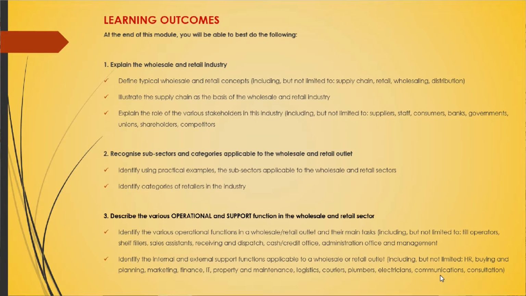And then you'll also be able to identify the various operational functions in a wholesale and retail outlet, as well as their main tasks. That is inclusive of the following: till operators, shelf fillers, sales assistants, receiving and dispatch, credit and cash office, administration office, as well as management.